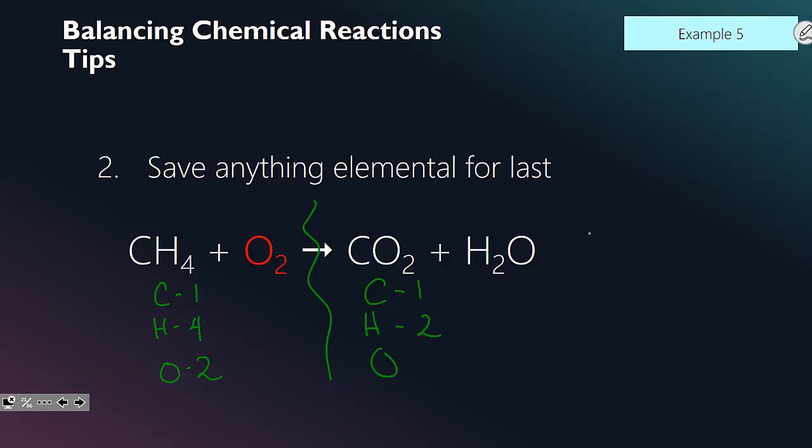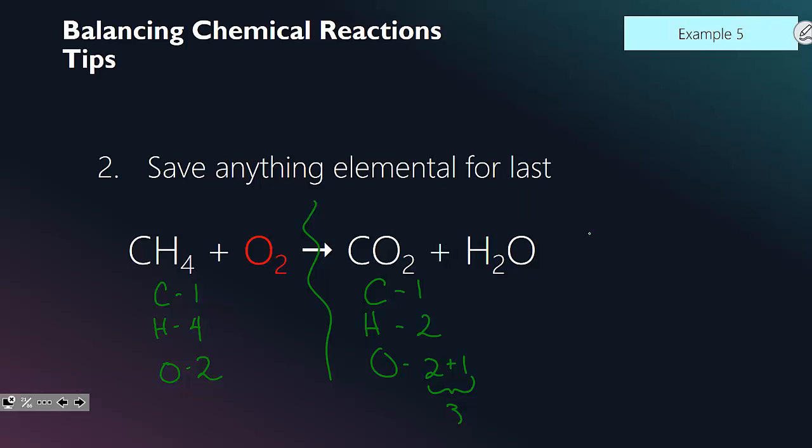Oxygen, we start with 2 oxygens, we end with 2 plus 1 for a total of 3. If something is in multiple places, I suggest you keep it separated. You can keep a running sum, but you will want to observe them different, because putting a coefficient here is going to affect only one of those values.